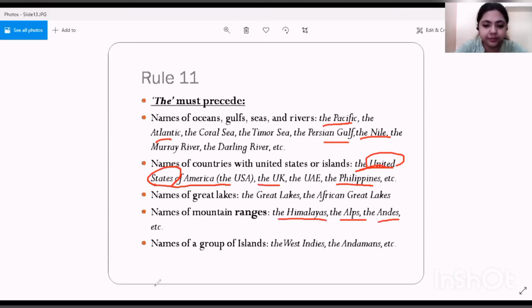The name of a group of islands like the West Indies. West Indies is a group of islands. Then we have the Andamans, which is in India. It's also a group of islands. So with all these places we use the definite article the.